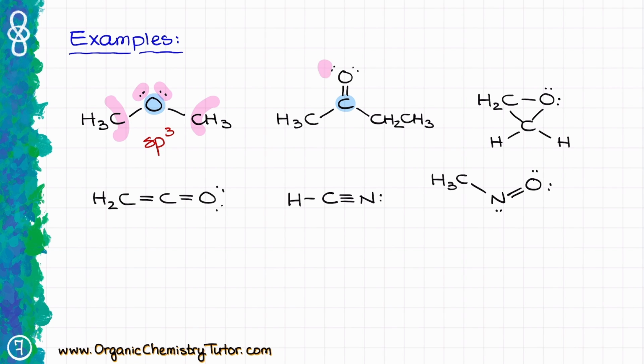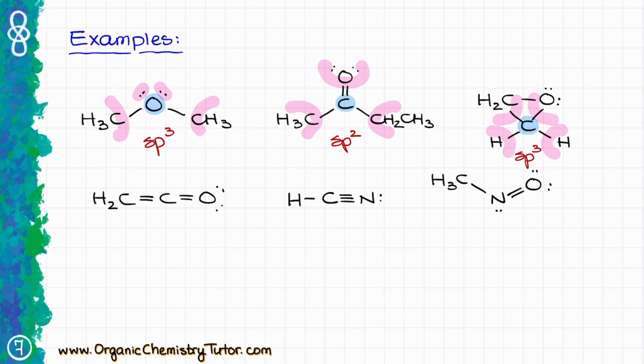Again, this carbon has 1, 2, 3 things around that, which means that this carbon is sp2 hybridized. The next molecule, I am again going to focus my attention on carbon. This carbon has 1, 2, 3, 4 things around that, so that is going to be an sp3 hybridized species.